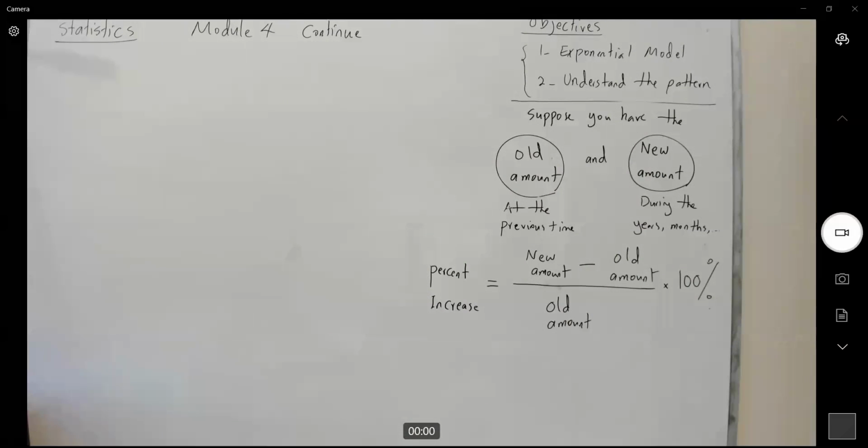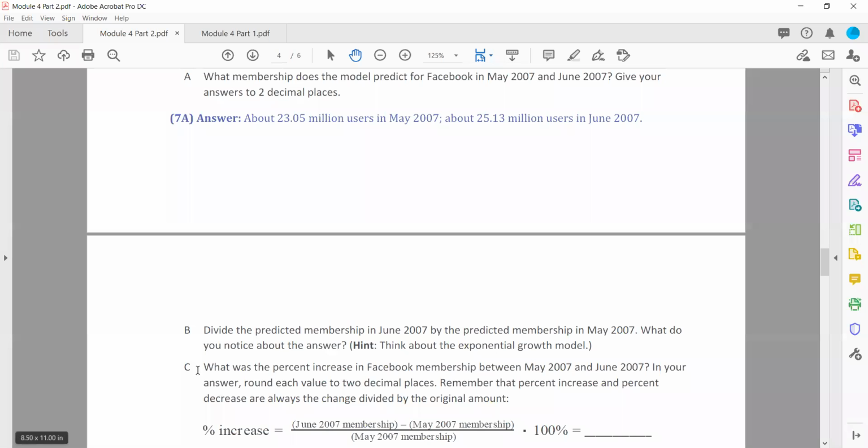Now let us take a look at one question. What was the percent increase in Facebook membership between May 2007 and June 2007?